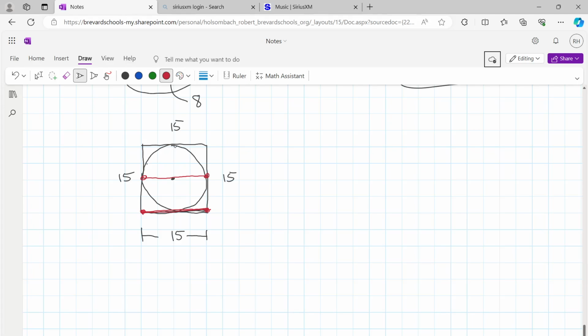So in that case, if the circle is inscribed inside the square, well then any side that you're given of the square represents the diameter of the circle. All right, and from that you can use the diameter to find the circumference.